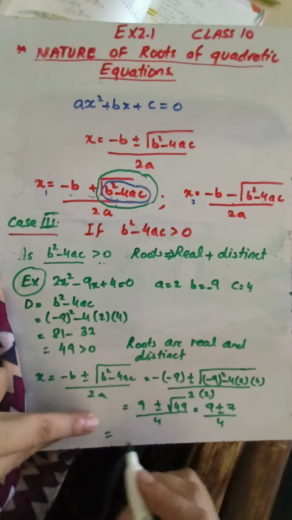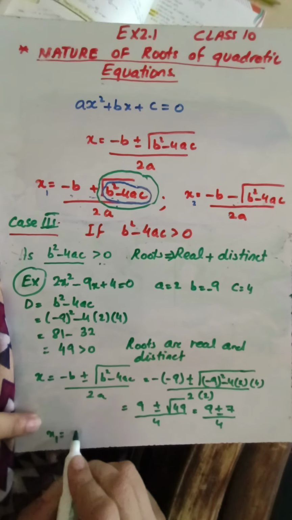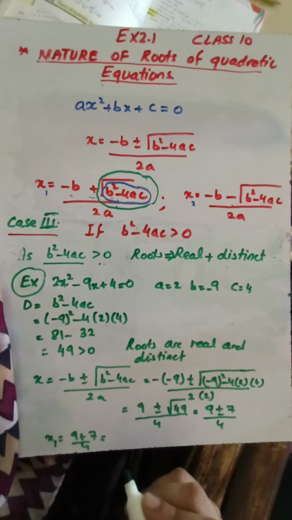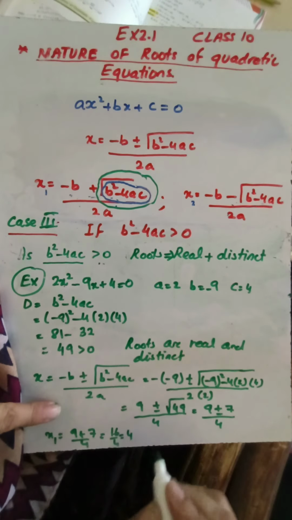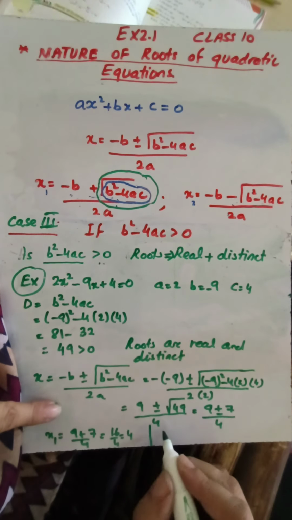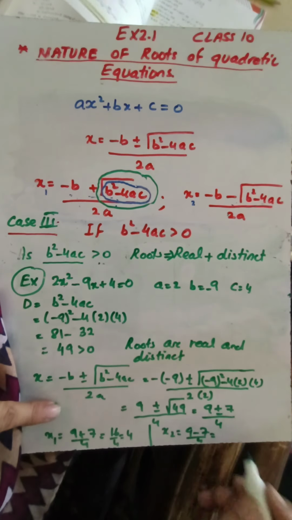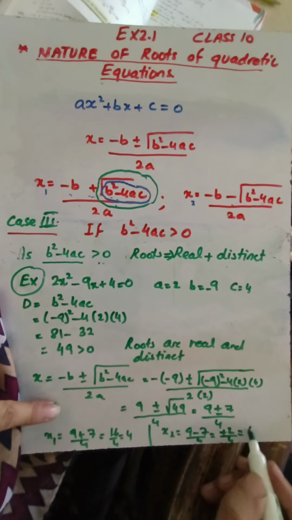So x1 will be 9 plus 7 over 4, which is equal to 16 by 4, that is 4. And in the second case, x2 will be 9 minus 7 over 4. 9 minus 7 is positive 2 over 4, which is 1 by 2.